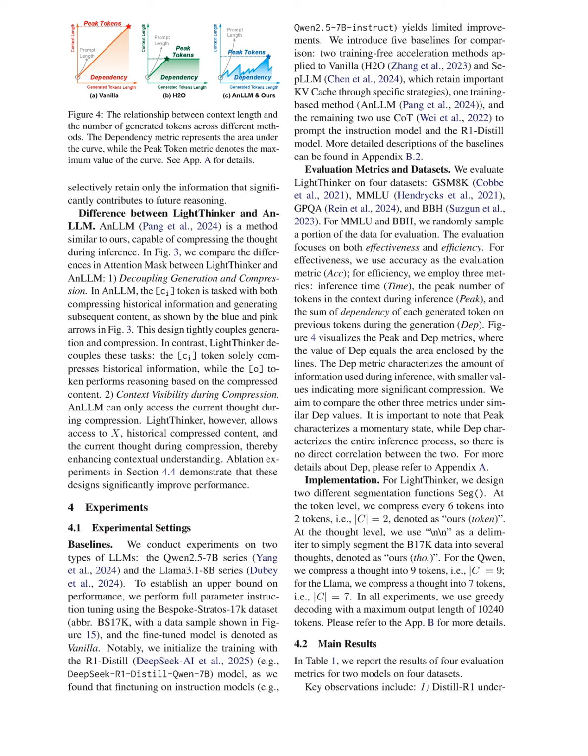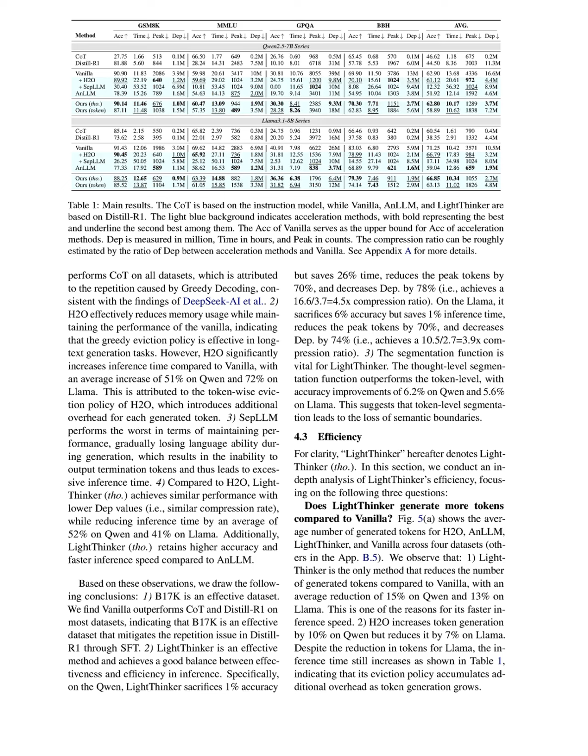These metrics were chosen to provide a comprehensive evaluation of both the effectiveness and efficiency of LightThinker, with accuracy reflecting the model's reasoning capability, and the other metrics addressing the computational efficiency and memory usage during inference. The results indicated that LightThinker achieved a good balance between maintaining accuracy and significantly reducing inference time and memory overhead, demonstrating its effectiveness in practical applications.